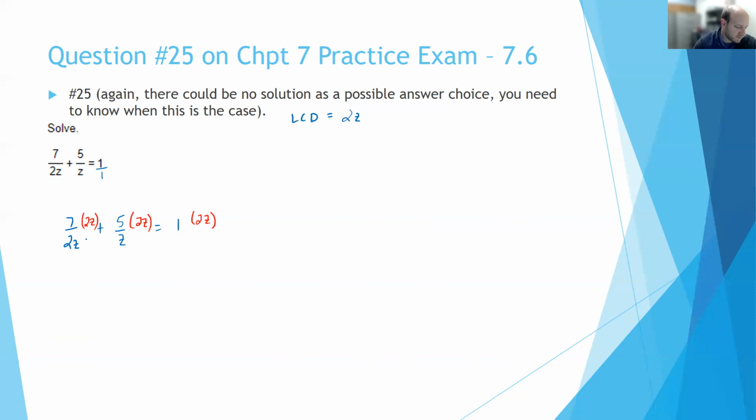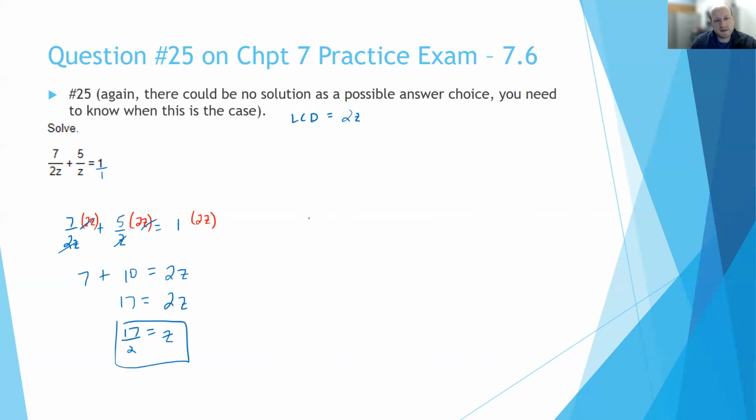Well, when I do that, okay, we notice that some cancellation occurs. So I can cancel this out. So this is just a 7. I can cancel a z here. This is a 10. And then this is 1 times 2z is just 2z. So really I have 17 equals 2z. When I divide both sides by 2, I have 17 over 2. And that's your final answer.